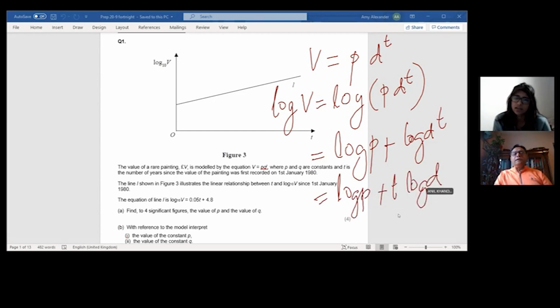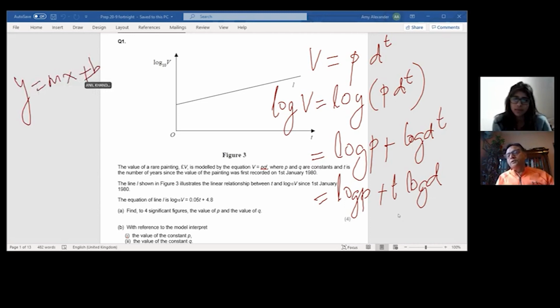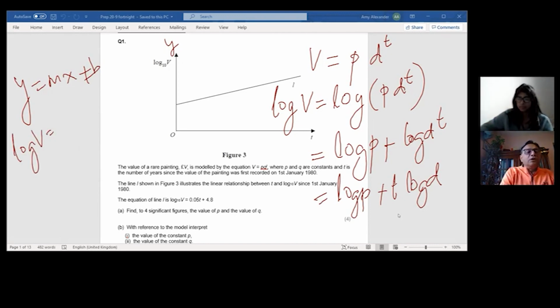Yeah. Actually, we get a linear form, y equals mx plus b. Compare this with y equals mx plus b. So you see this is y, which is log of v. And the rate of change times the variable t, so log of d is the rate of change, and then it is time, the variable, plus the initial value, log of p.